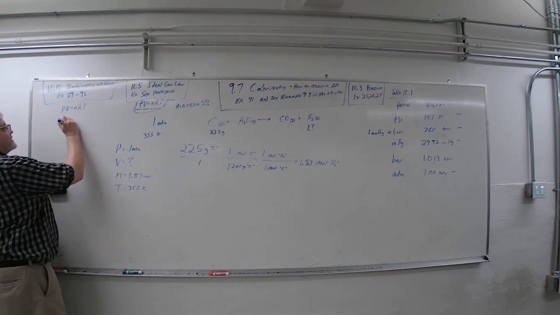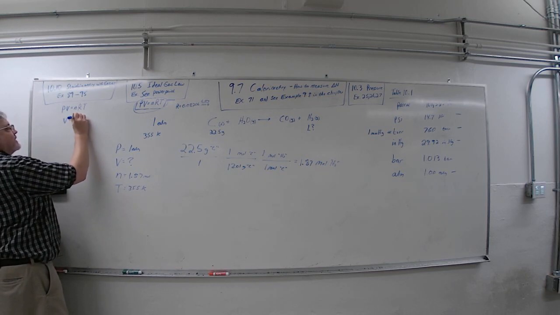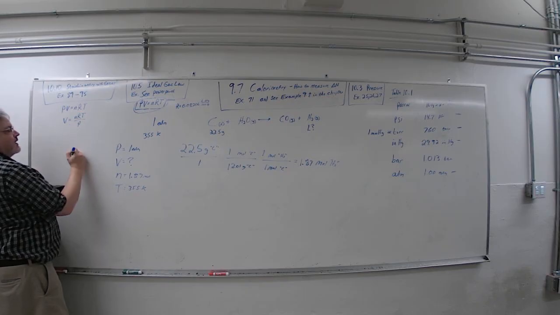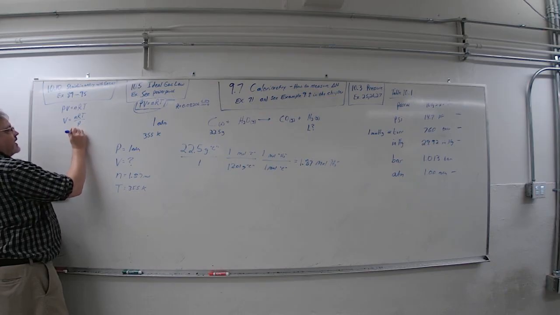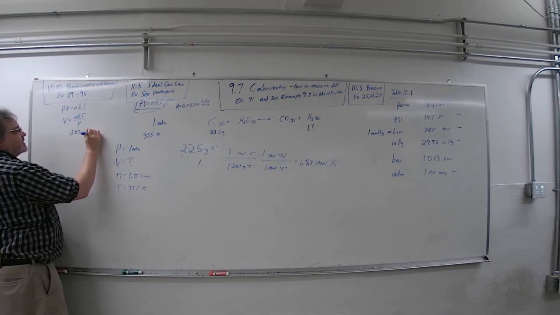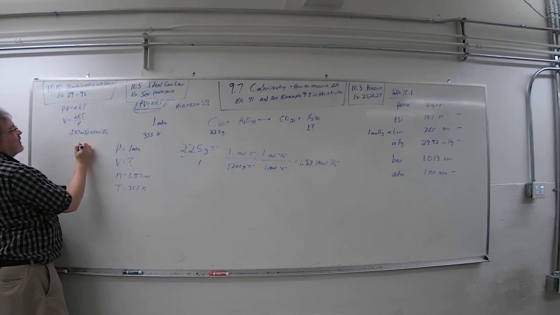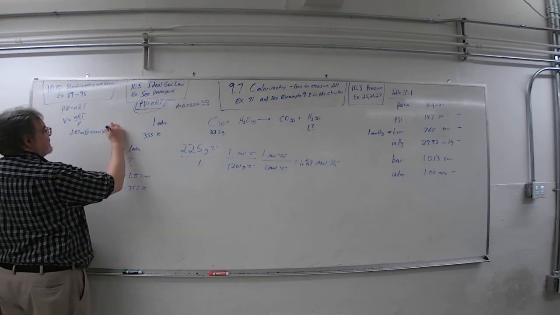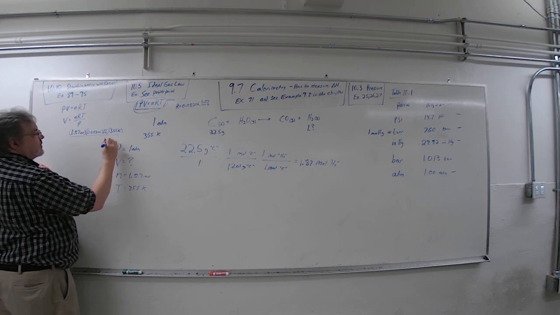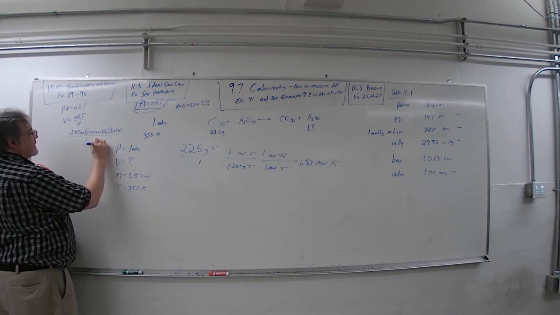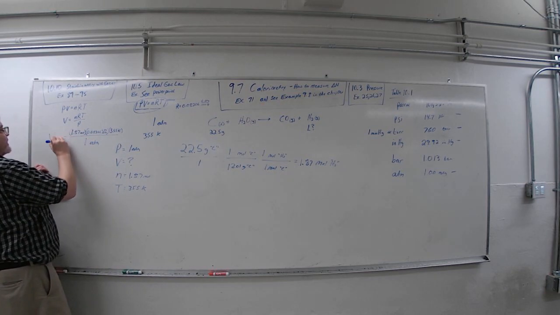We're solving for V, so we want V equals nRT over P, and then we can plug everything in. n is 1.87 moles. R is 0.08206 liter atmosphere per mole Kelvin. Temperature is 355. And pressure is 1 atmosphere. That'll give us the volume in liters.